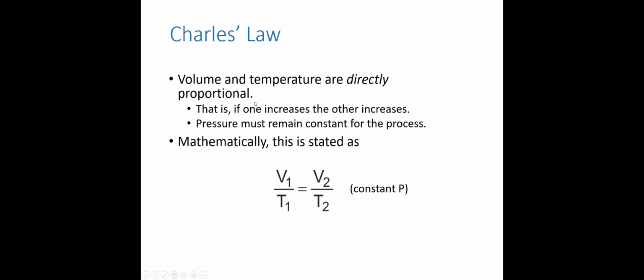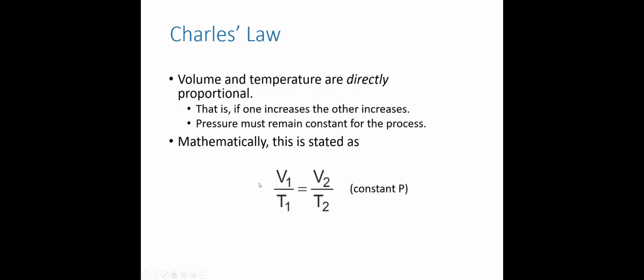So if one increases, the other increases by the same amount. Furthermore, pressure must remain constant throughout this whole process. So going back to that, if we double the volume, we double the temperature. If we take 1/10 of the volume, the temperature would go to 1/10 of its value.